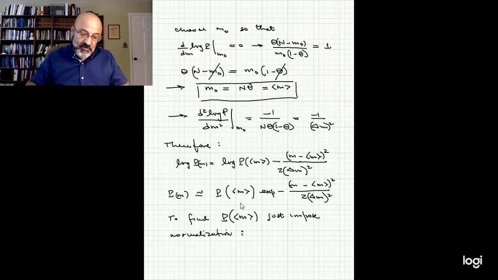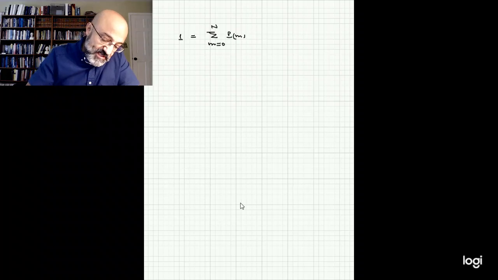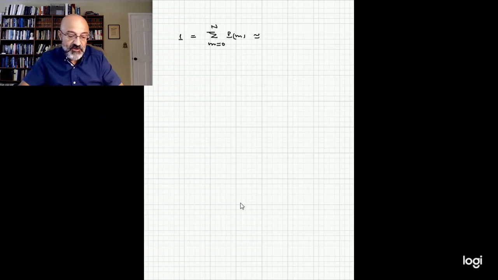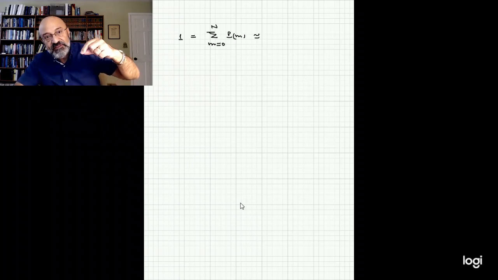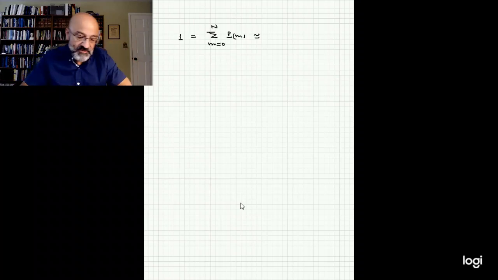And this is how we go about doing that. We write, well, 1 is supposed to be the sum over all m's of p of m. But this is approximately equal to, because remember, the capital N is absolutely huge, and each increment from little m to m plus 1 is just like a minor correction.